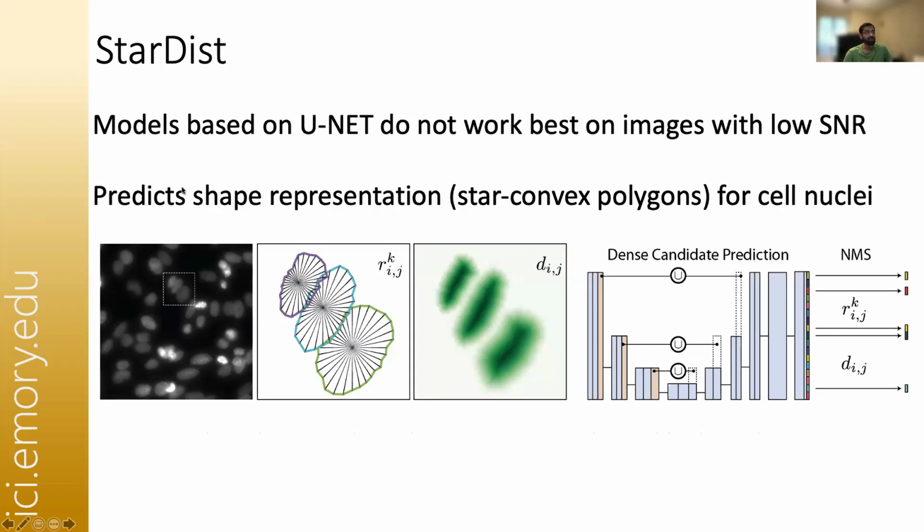The model predicts a shape representation, essentially a star-convex polygon, which is how most nuclei are, right? They typically have some kind of polygonal shape which defines the nuclei. It inputs all of those values into this UNet-like model and generates a score, which you can use to identify how many nuclei you have, right?